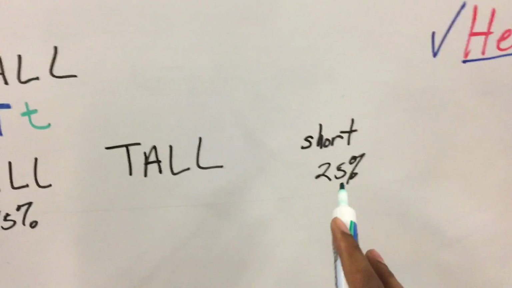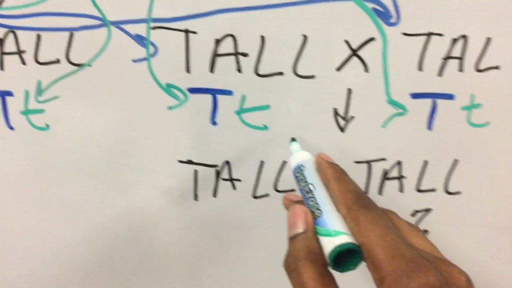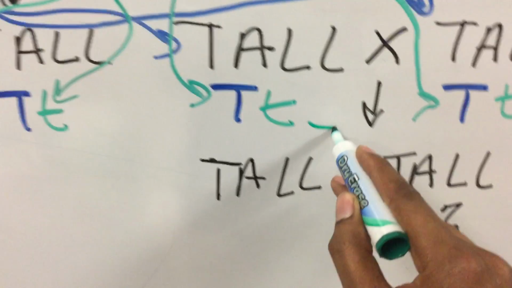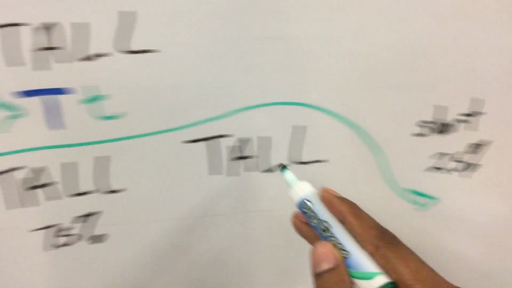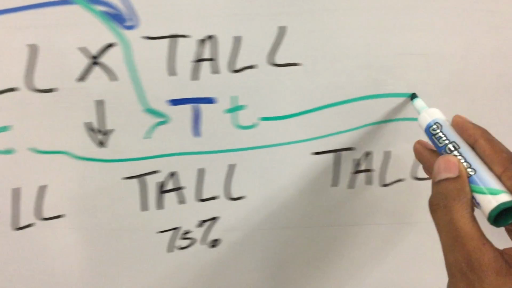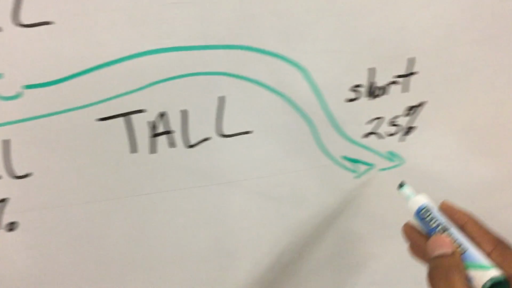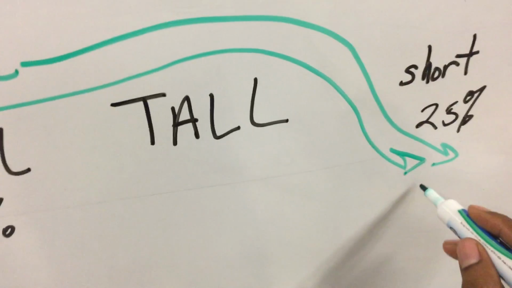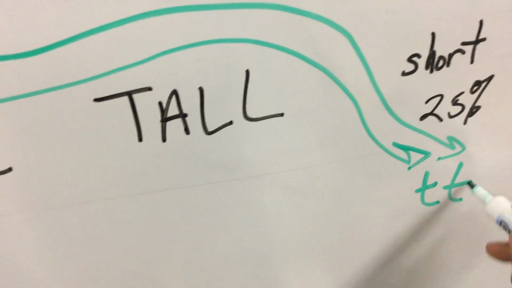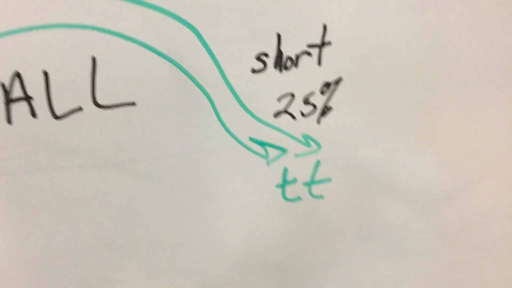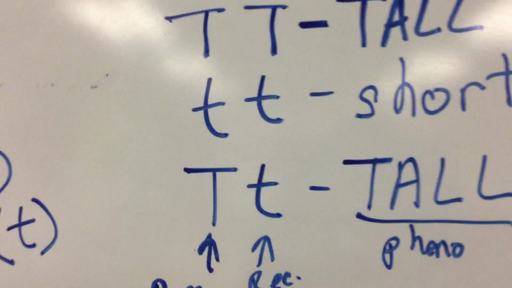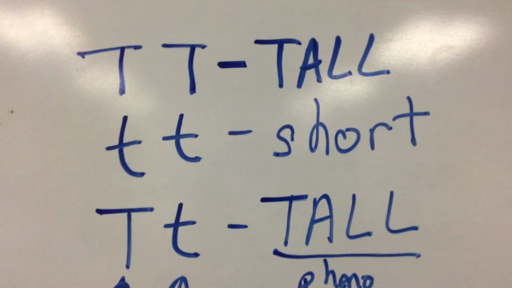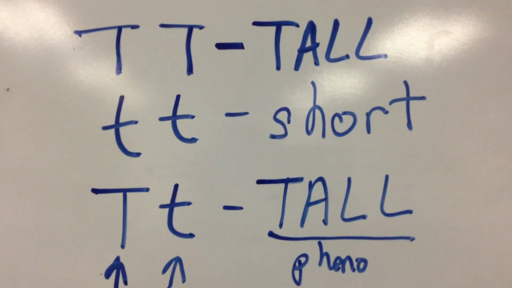For the plants that were short, what had to have happened was that this plant gave its short allele over here, and this plant also gave its short allele over here. So these plants that ended up being short only had two of these short alleles. And because these were recessive, they only showed up when they were by themselves, short.